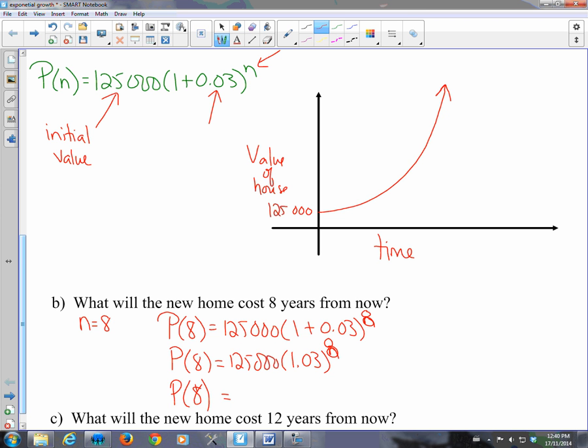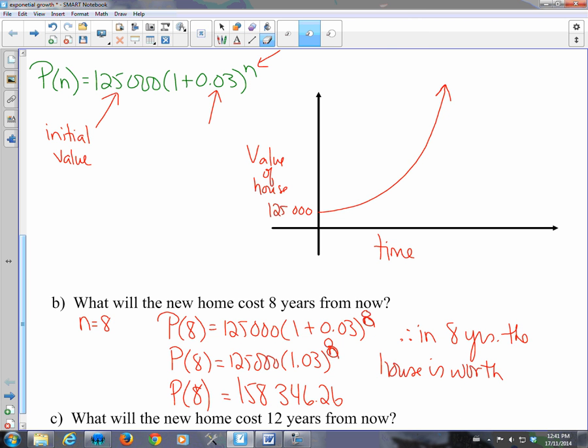There we go. Would give me $158,346.26. So therefore, in 8 years, the house is worth $158,346.26.